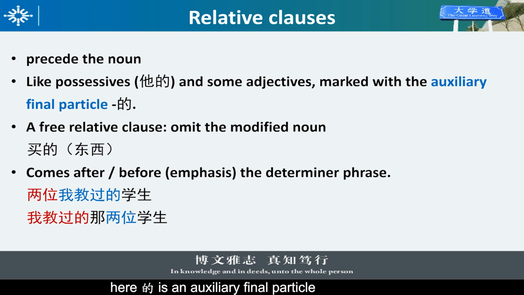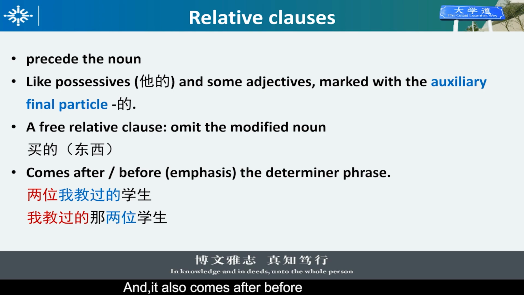Here de is a final particle to be added to other words. For example, a free relative clause is in the form of a modified noun. 买的 refers to the thing that we bought, or anybody bought. 买的东西, but 东西 here, or anything, can be omitted.